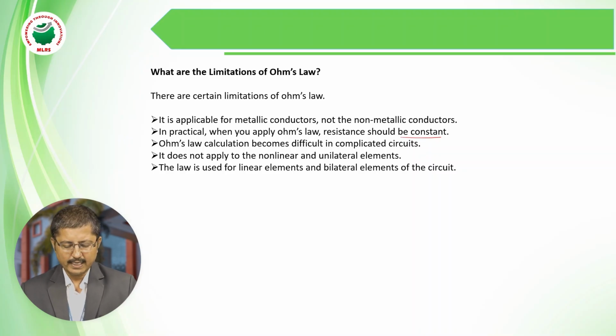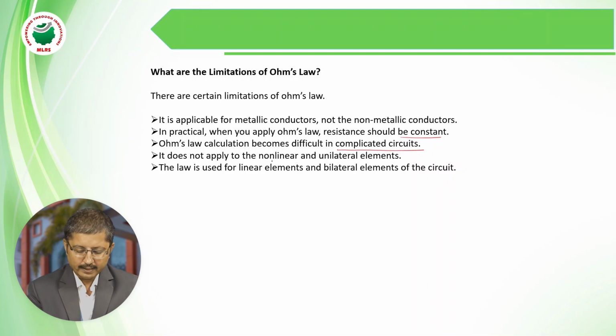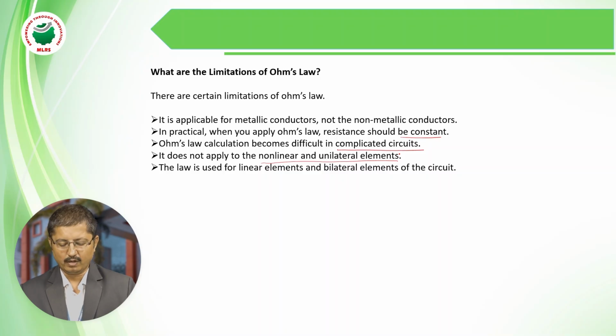Ohm's law calculations become difficult in complicated circuits. And it does not apply to nonlinear and unilateral elements. In the previous class, we saw the examples of nonlinear and unilateral elements, like diodes and transistors, which are unilateral elements.